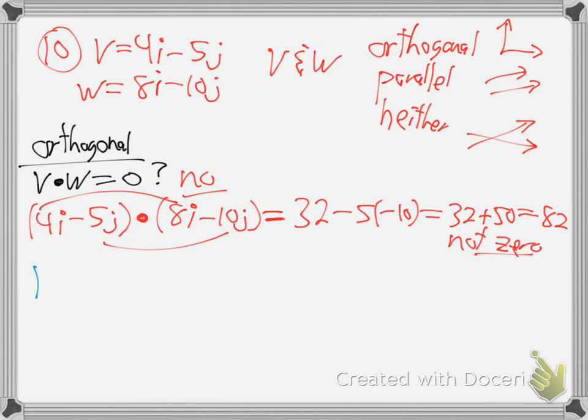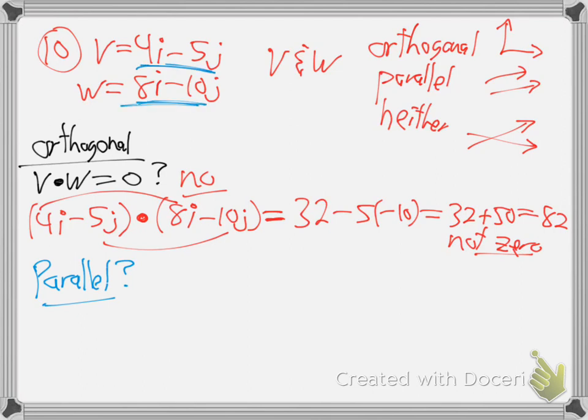Now, how do we test for parallel? I haven't really given you a test for that yet. What do you think? How do we test if two vectors are headed in the same direction? You look at it. Yeah, you look at them. I like your answer. I agree with your answer. Basically, Kevin's right. Look at vector v and vector w.